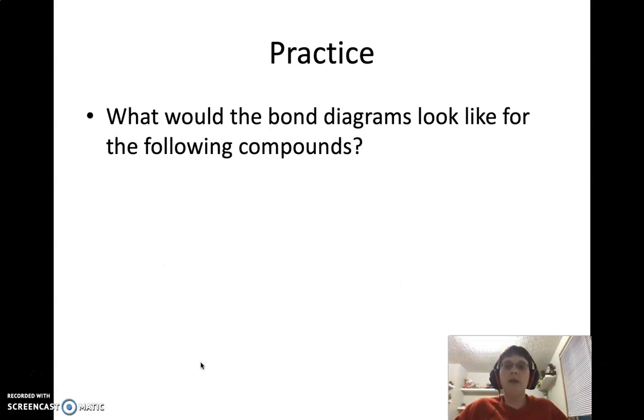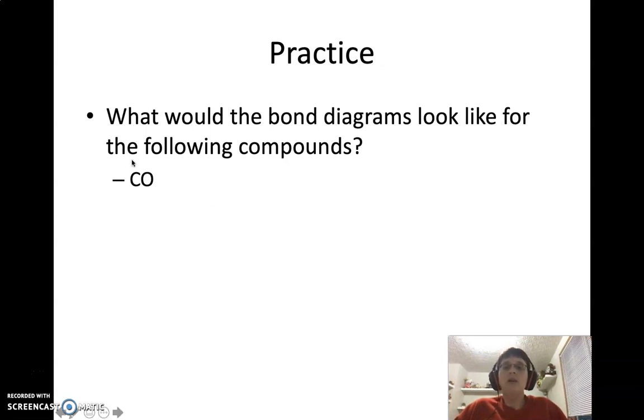So let's do a little bit of practice. We're going to make bond diagrams, not dot diagrams, for some compounds. If you're not really confident with making the bond diagrams straight out, you can work on making the dot diagrams and then converting them to bond diagrams. For example, we've got carbon monoxide. You're going to make the bonds based on the element that has the lowest number of available bonds.